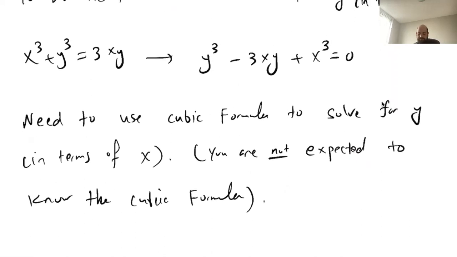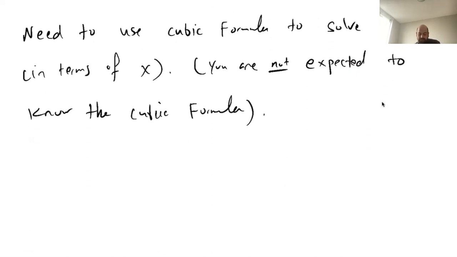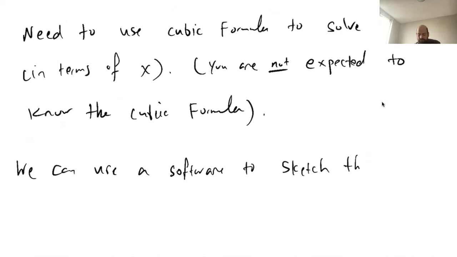But what about the graph of this equation, by the way? We can use a software to sketch the graph for this equation. So it can be seen that the graph will look like this.